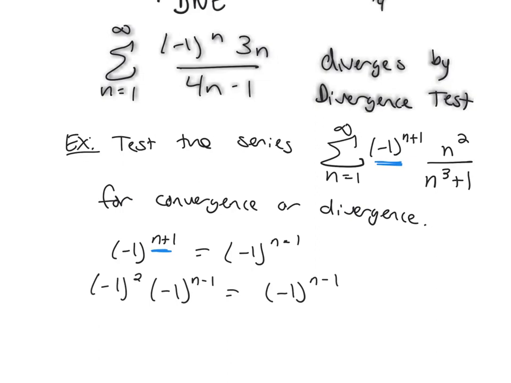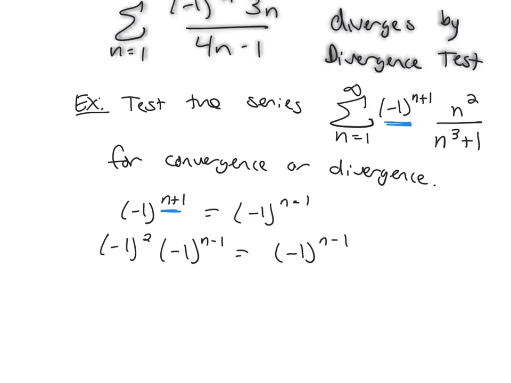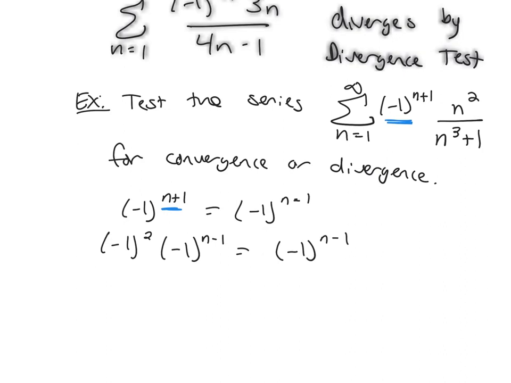And what's negative 1 squared? 1, so that goes away. And so now they're the same thing. That equation is true, and so the original equation had to have been true.